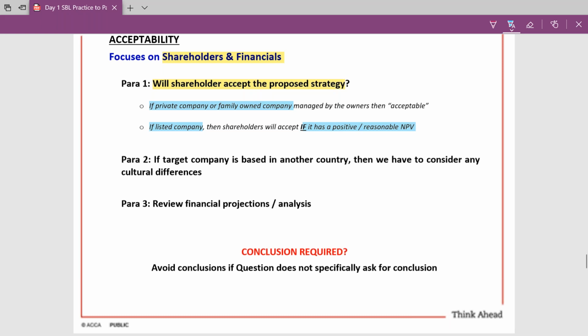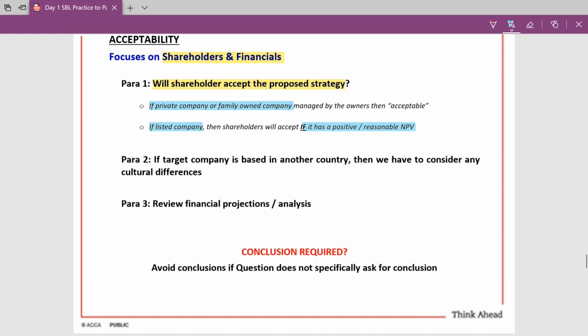Supposing you did a detailed SAF analysis over 3 or 4 pages, and then you try to give a conclusion in half a page, it's not possible. Conclusions will take a lot of time, and I am sure most students will not be able to give a convincing, solid conclusion.